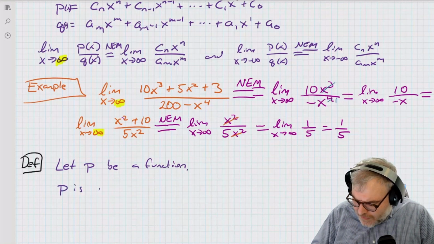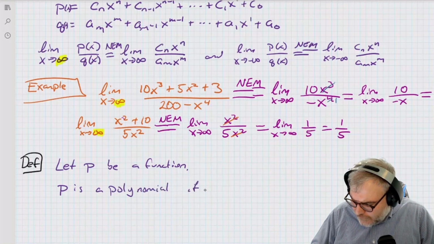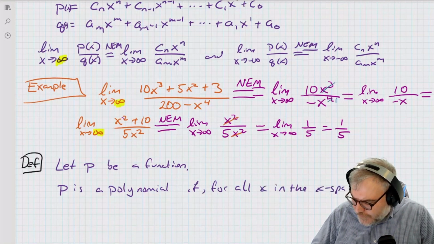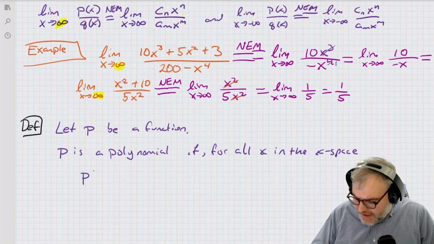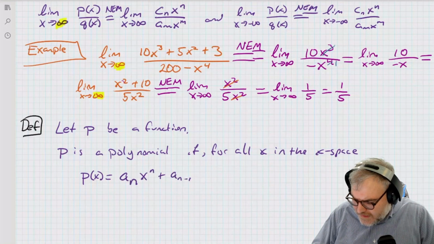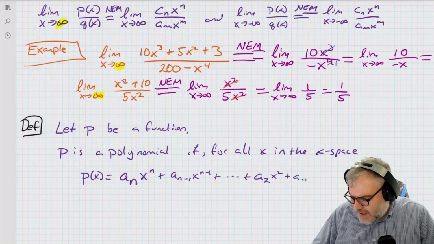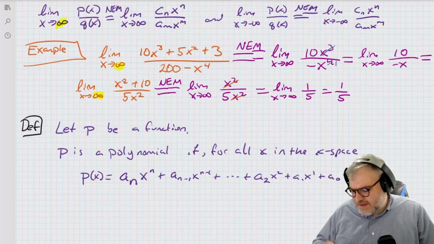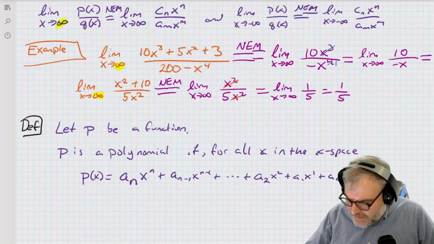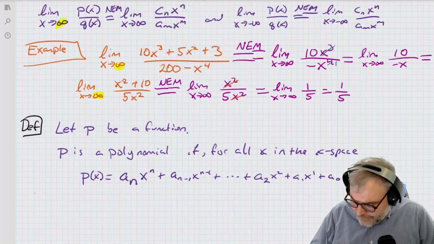P is a polynomial if for all x in the domain, P of x equals a_n x to the n plus a_(n-1) x to the n minus 1 plus, and so on, plus a_2 x squared plus a_1 x to the first plus a_0 x to the 0. Okay, that's what a polynomial is.